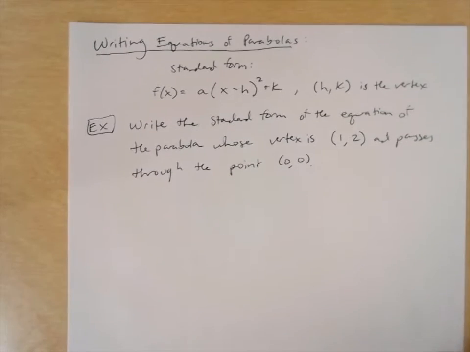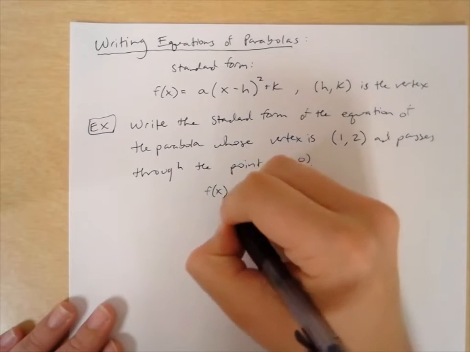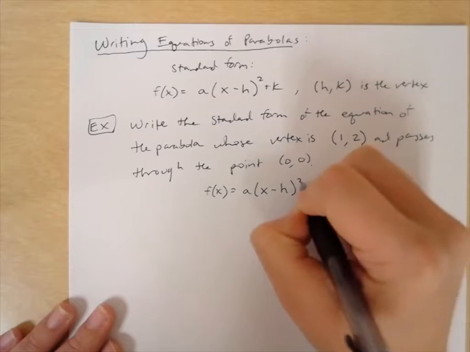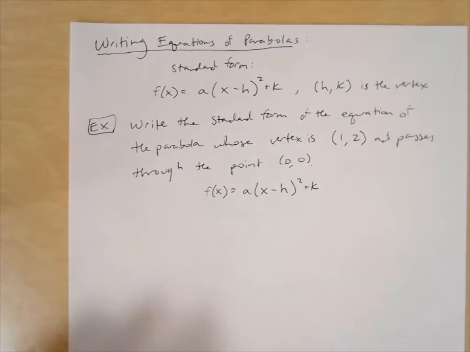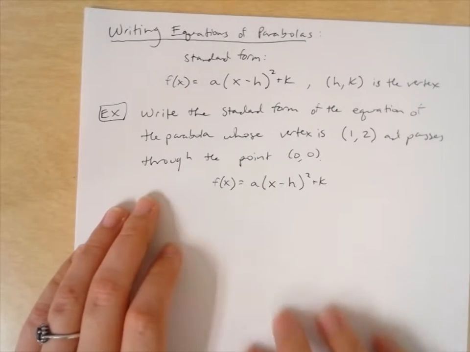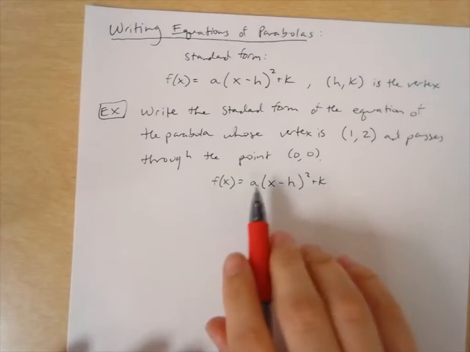What we're going to do here is take our standard form, f of x equals a outside x minus h squared plus k, and use the information that they gave us in the problem to write out an equation once we've found our a value, because that's the only thing they didn't give us.